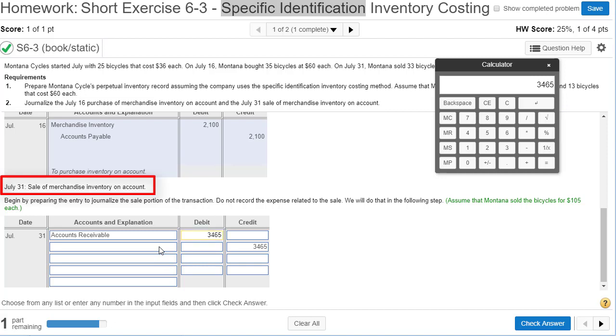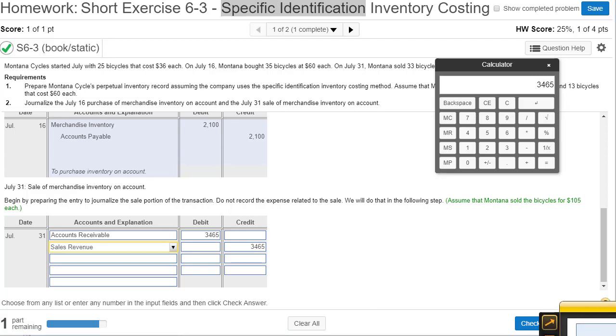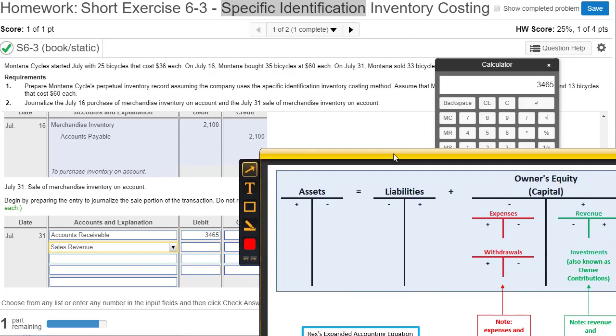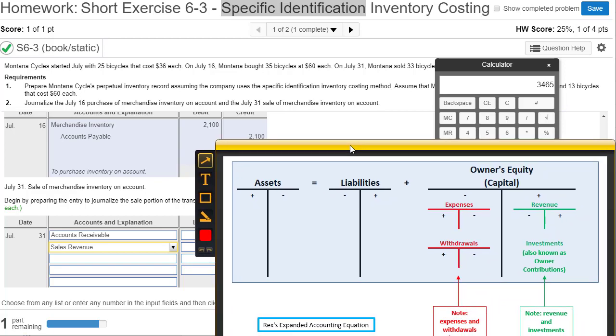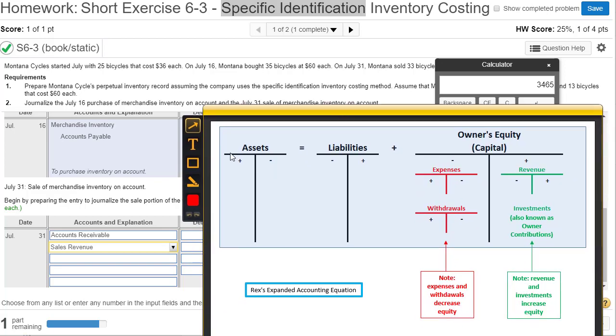Now we need to record our sales revenue. Sales revenue is increasing, and revenue increases on the credit side. And if you forgot where we're getting these pluses and minuses from, we're getting them from our accounting equation.